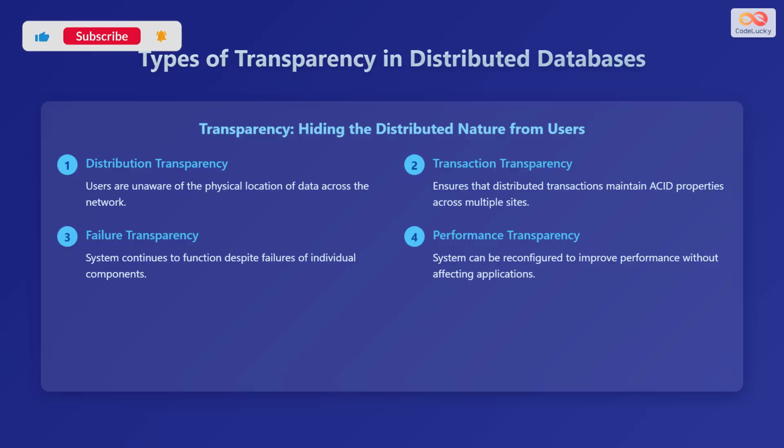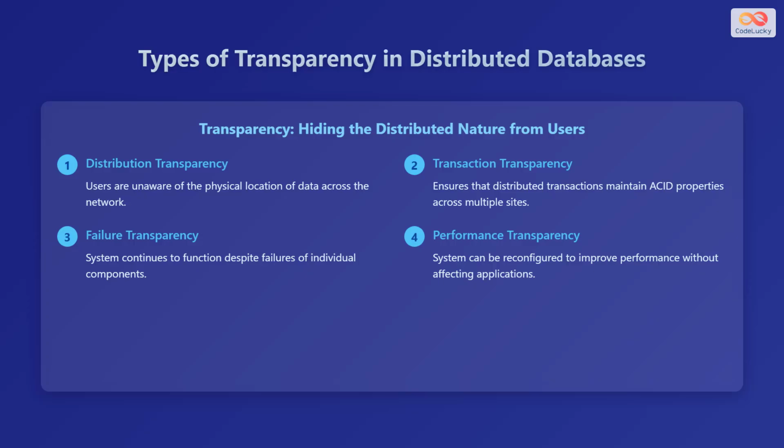Transparency is a critical aspect of distributed databases, aiming to hide the distributed nature from users. There are several types of transparency. Firstly, distribution transparency ensures that users are unaware of the physical location of data across the network.